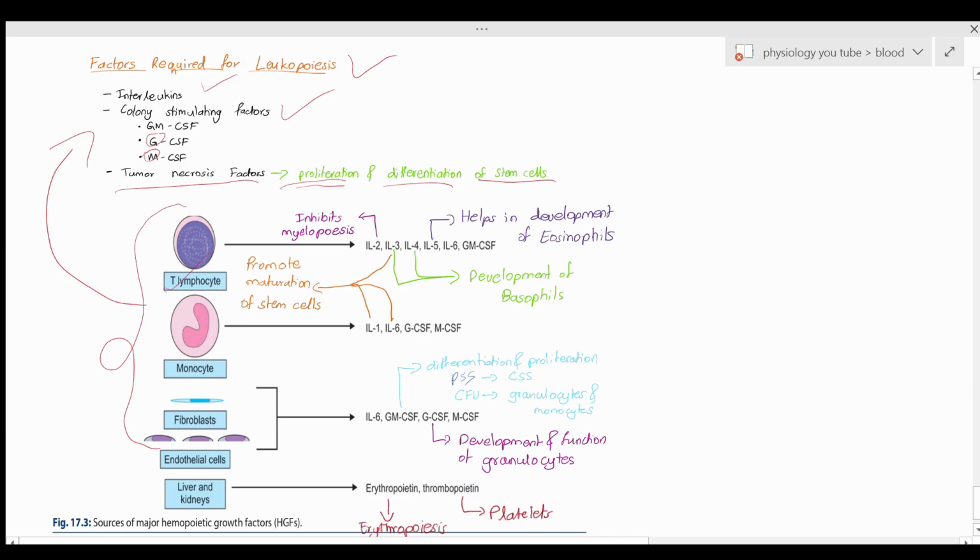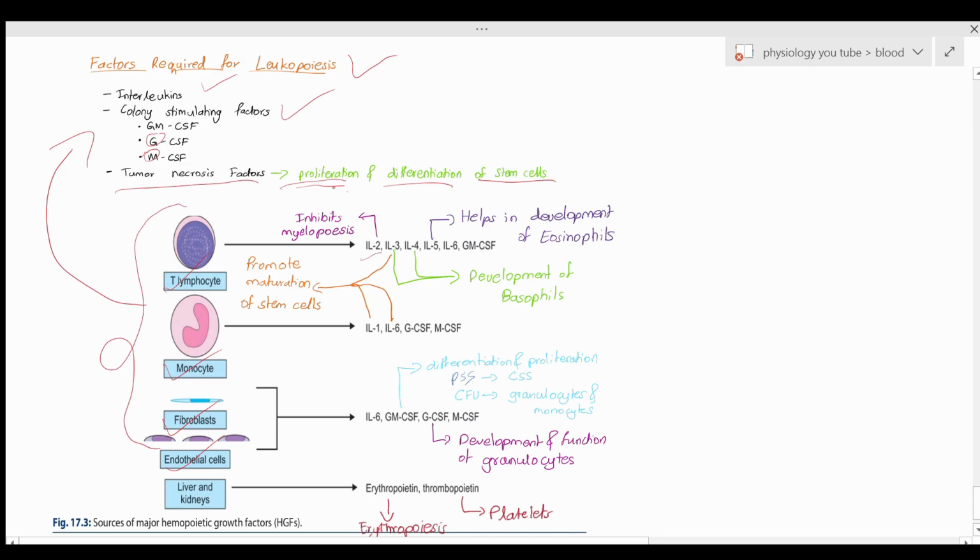These are T lymphocytes, monocytes, fibroblasts and endothelial cells. There is some overlap between those secretions, so we will directly jump to the uses of those secretions without discussing which cell secretes which types of chemicals.